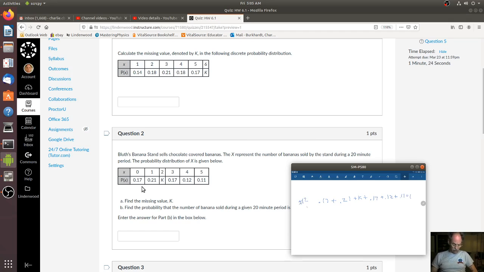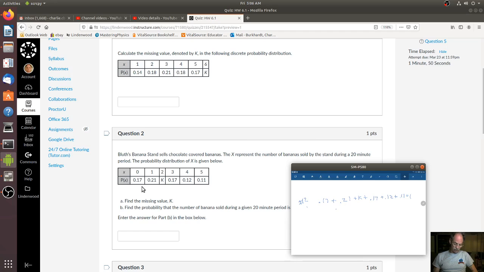Okay, now just add up these numbers together. You don't need to do any rounding for these. So 0.17 and 0.21, that's 0.38, and 0.17 is 0.55, I think, plus 0.12 is 0.67, plus 0.11 is 0.78.